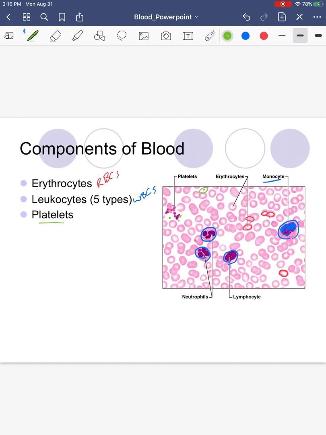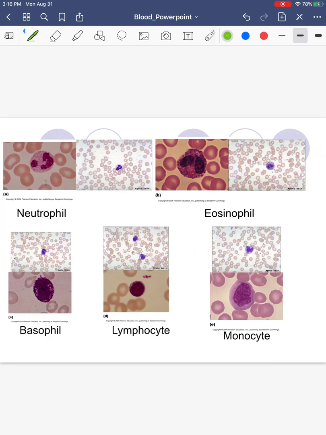Now, of course, that's not enough to know. You'll be able to identify the red blood cells easily and the platelets easily, but I want you to be able to identify, just by looking at it, the different types of white blood cells. There are 5 types: neutrophils, eosinophils, basophils, lymphocytes, and monocytes.